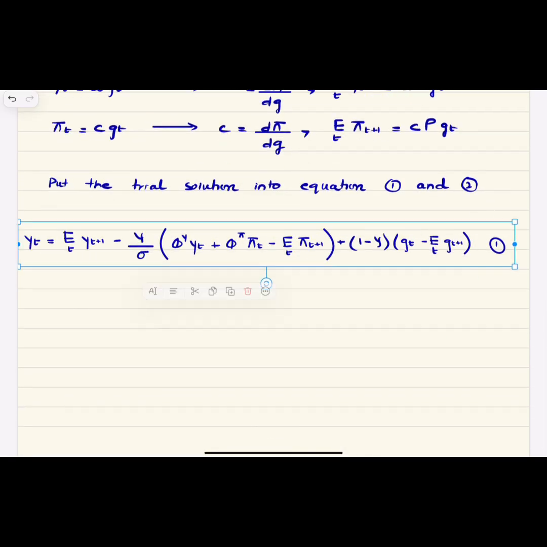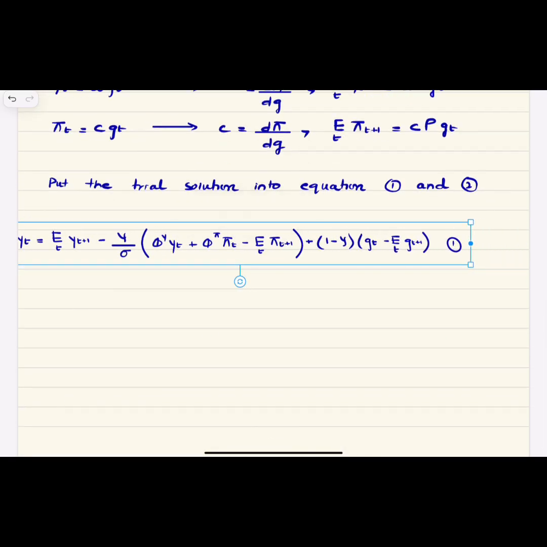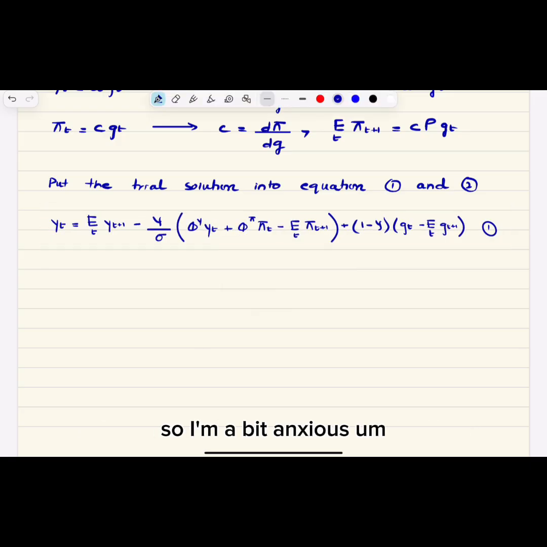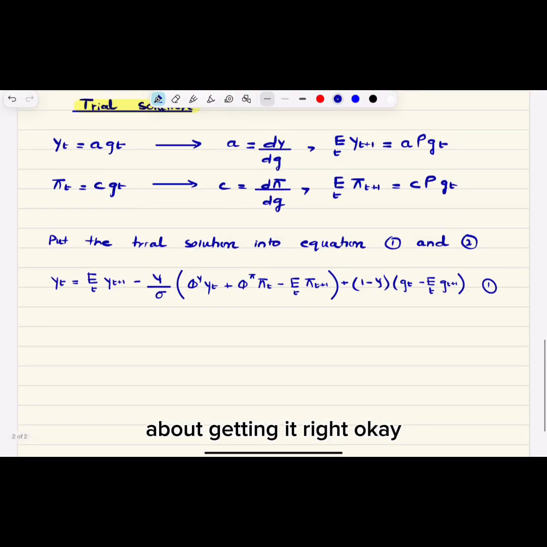Okay. Actually, I'm solving this for the first time, so I'm a bit anxious about getting it right.